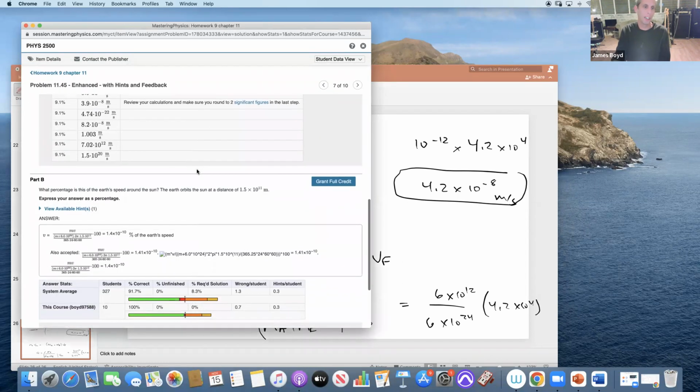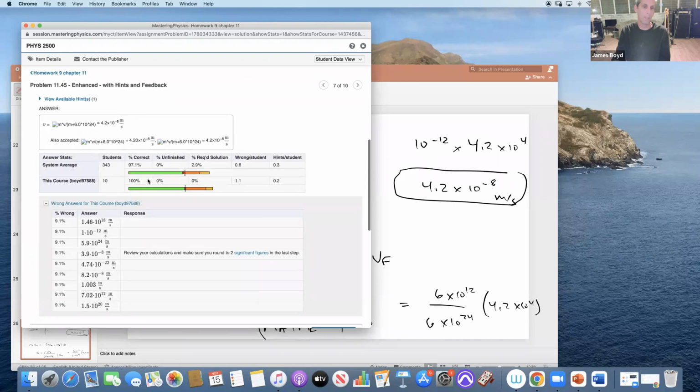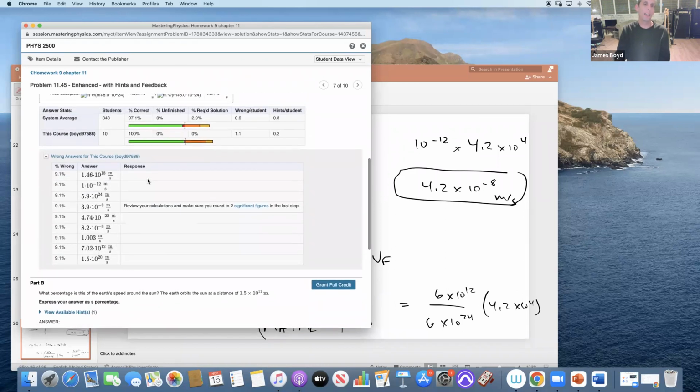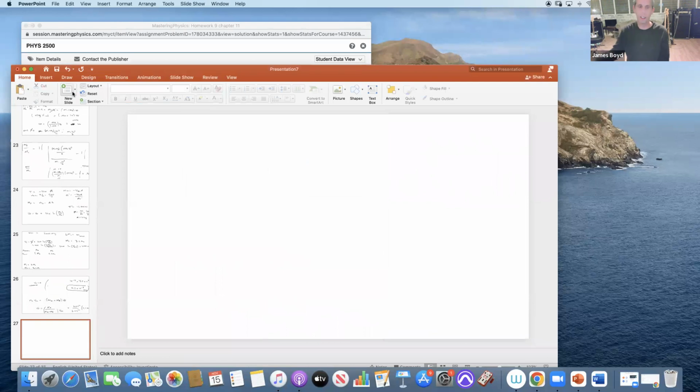Now, what percentage of this is of the Earth's speed around the sun? Okay, so the Earth orbits the sun at a distance of 1.5, blah, blah, blah. Now, we need to figure out how fast the Earth goes around the sun.